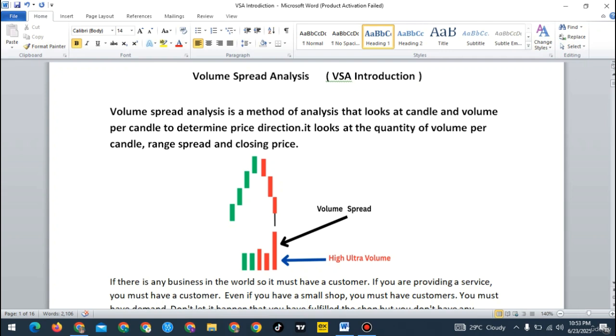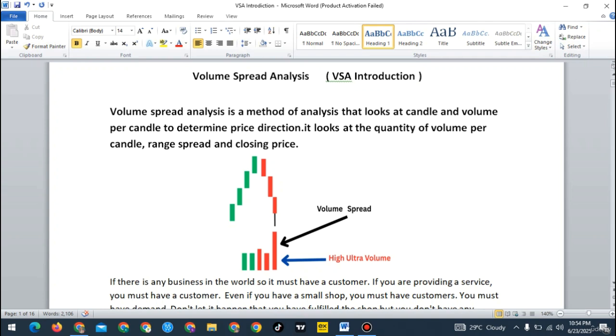Volume gives you confirmation. The big players and institutions manipulate the market easily, but they cannot manipulate the volume easily. So that's why when we execute the trade, we must confirm from the volume below.